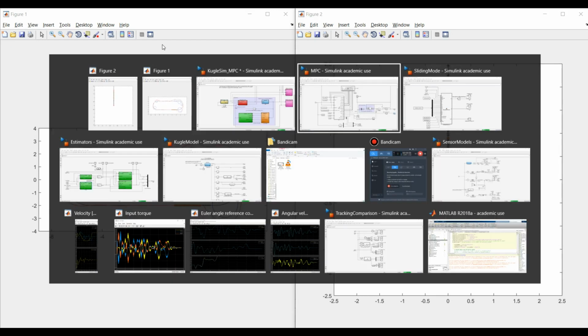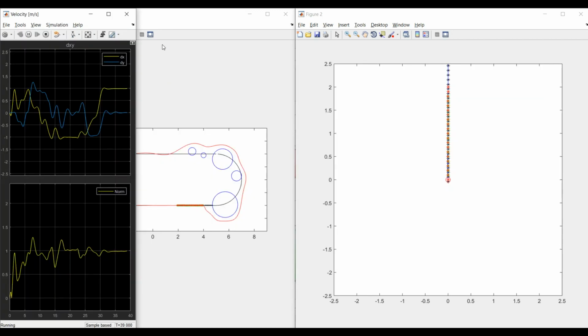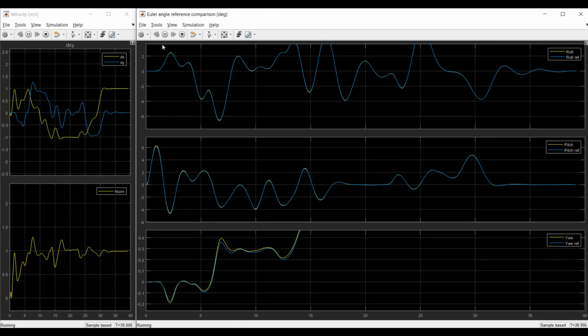If we look at the velocity plots, we will also see how to the left we see the x and y velocity in the inertial frame and the general norm here on the bottom. And the velocity reference has been set to 1 meter per second. And we see how it's able to track that, but we also see how it deviates away from the reference at certain positions.